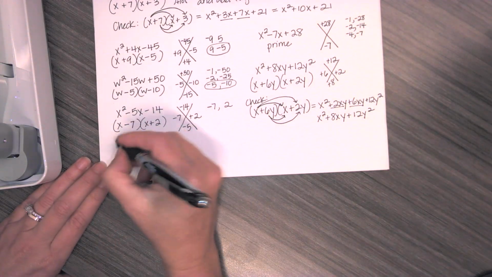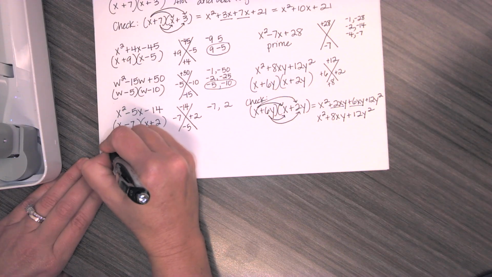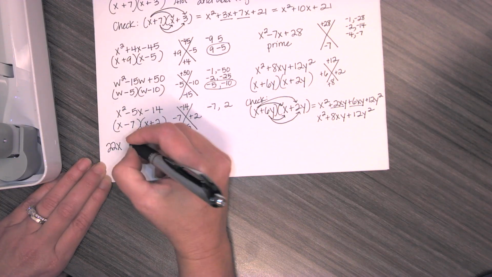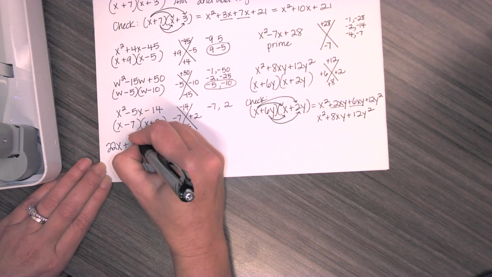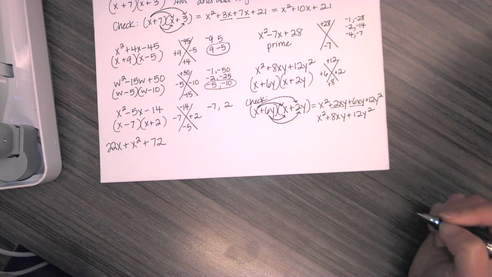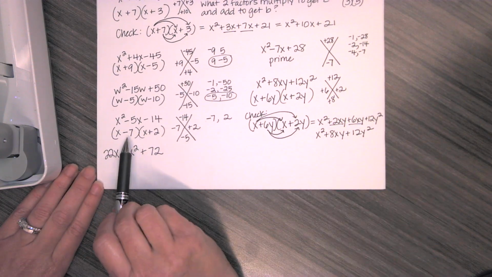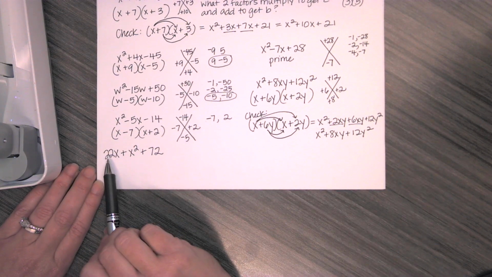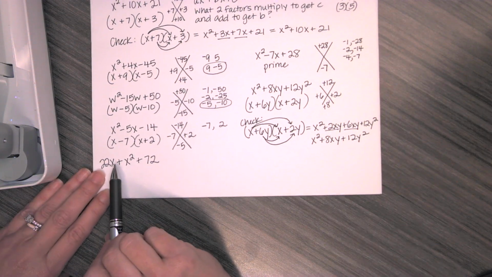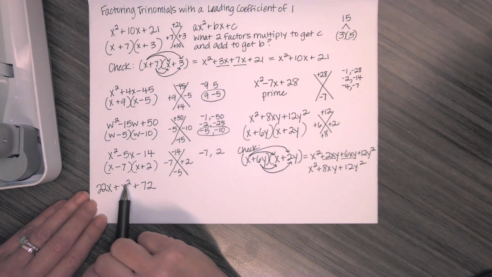Okay, let's see if we can squeeze a few more in here. Actually, I meant to make that 22x plus x squared plus 72. So you'll notice on this one that my polynomial is not in order. We always want to make sure our polynomial is in order by decreasing powers of the variable.